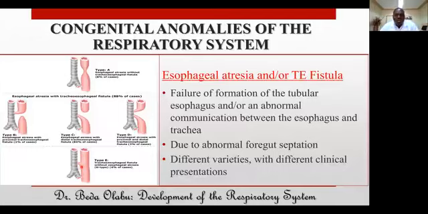So these ones we usually pick them a bit late, maybe in 2 years, 3 years, sometimes even 7 years I've seen, where a child has a tracheoesophageal fistula without esophageal atresia. So they can feed normally, they breathe normally, but they tend to have recurrent respiratory tract infections. This is what they present with because of that channel.